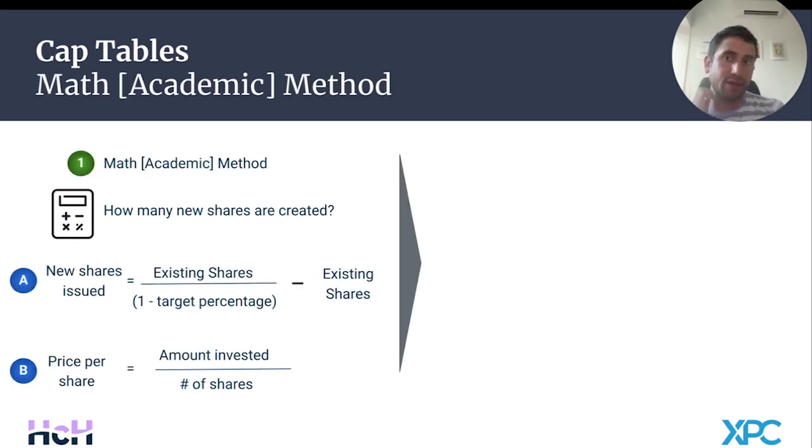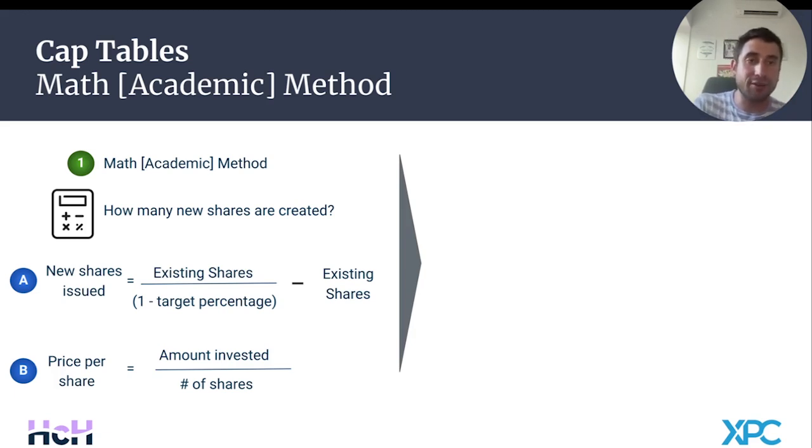Math academic method is just literally like a plug and chug. So basically you're looking for the new shares issued, right? And that's the existing shares divided by 1 minus the target percentage, minus the existing shares. Why does this work, right? If you think about existing shares divided by 1 minus target percentage, here it's going to be 0.2, right? So the existing shares divided by 0.8.